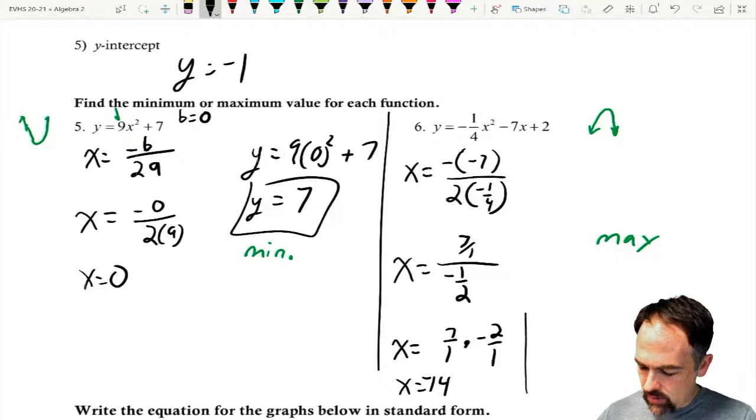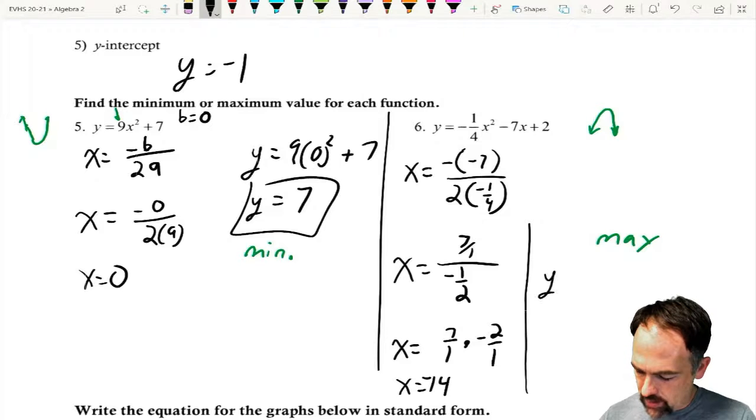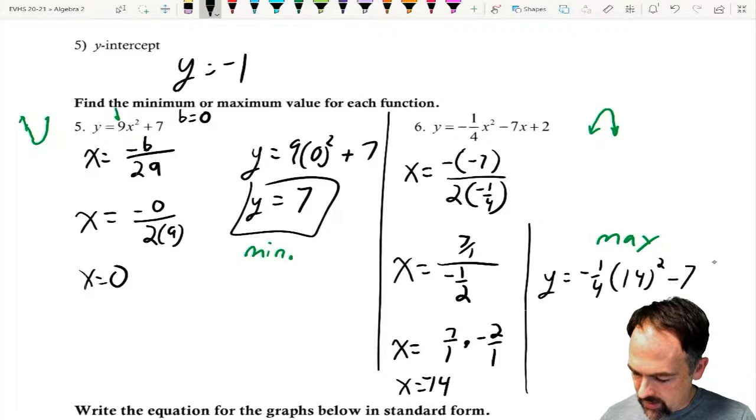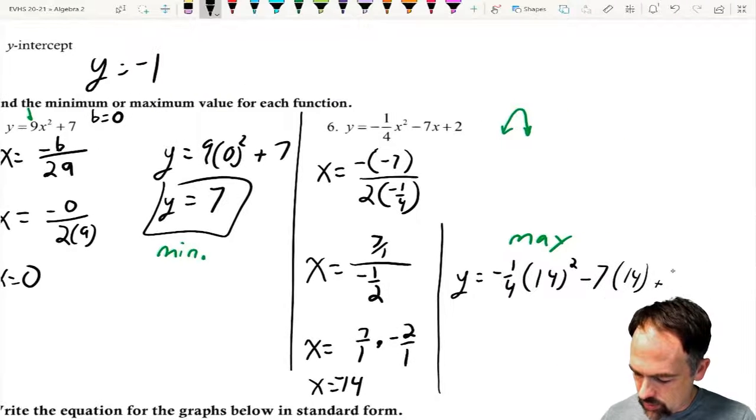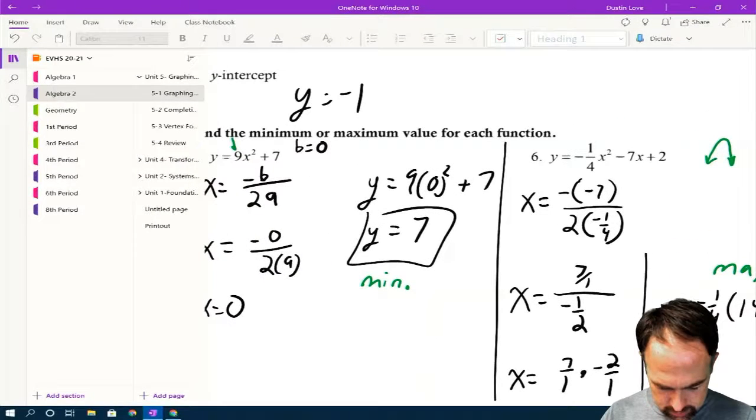Now let's do the y value there. Y is equal to negative 1 over 4 times 14 squared minus 7 times 14 plus 2.